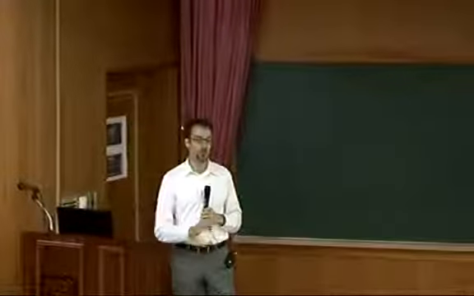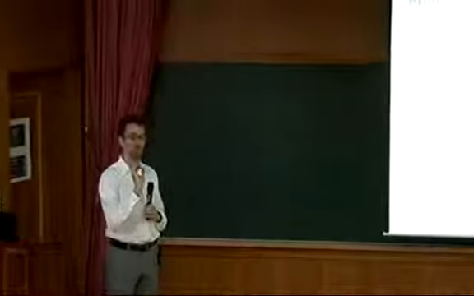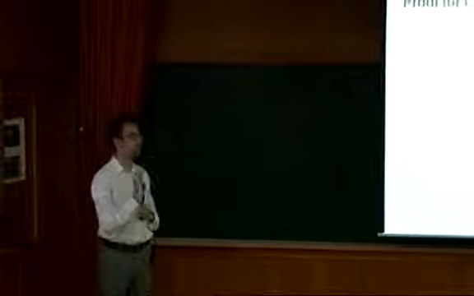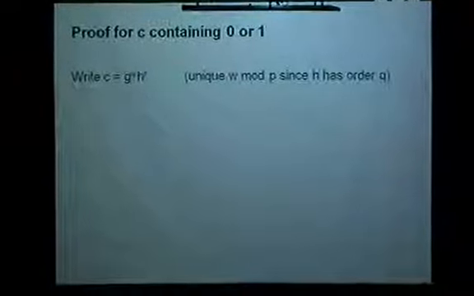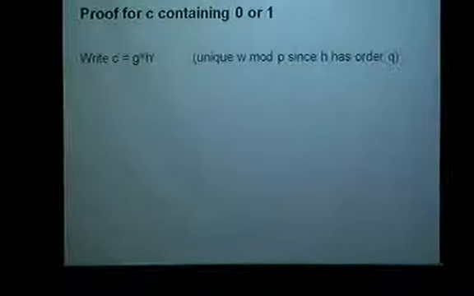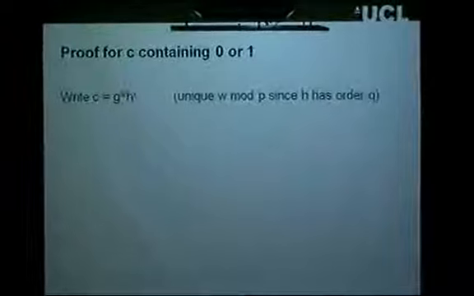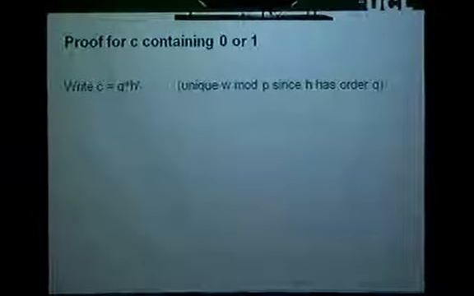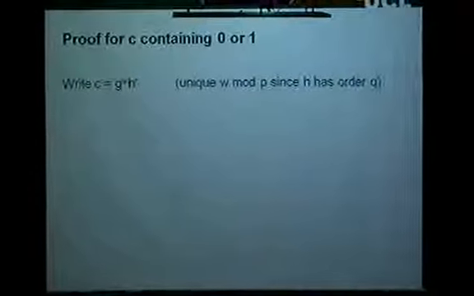Okay, so let's start with the first one. Suppose we have just one commitment, and we want to prove that it contains 0 or 1. I can write the commitment as g to the w, h to the r, and w is actually uniquely defined modulo p, since h has order q.